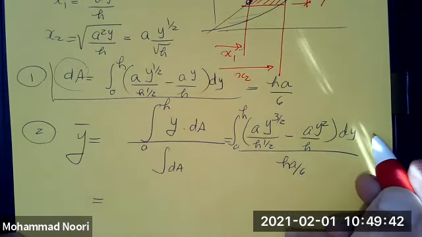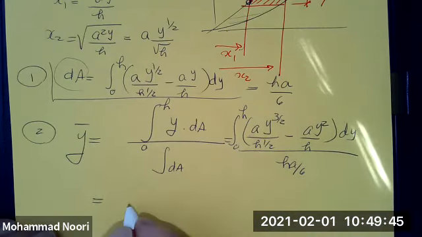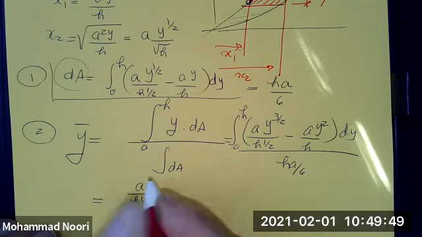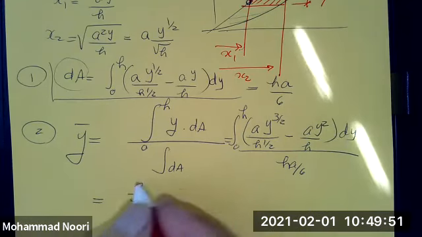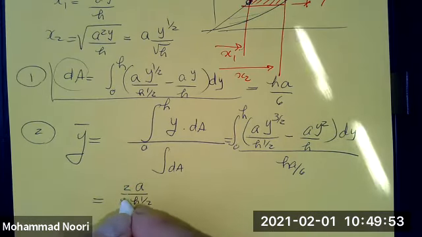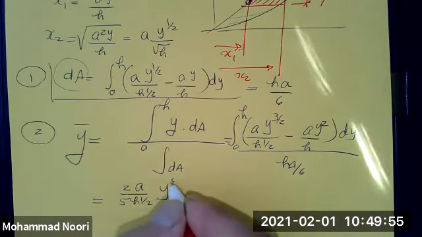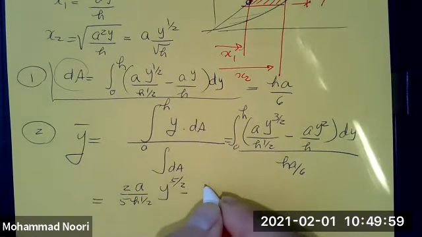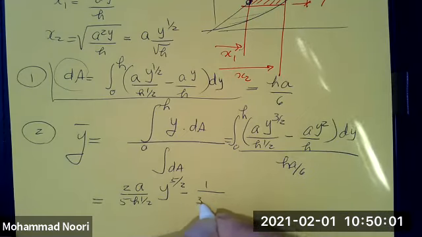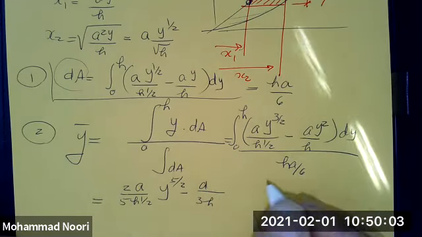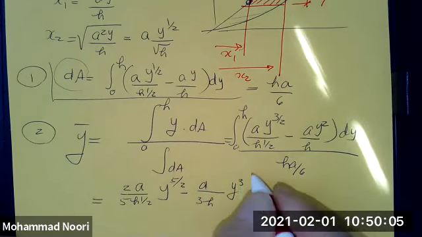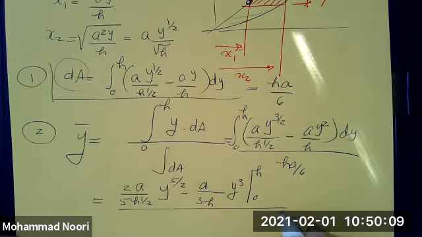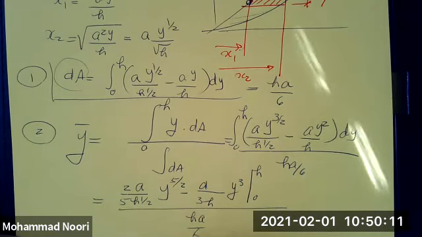So let's evaluate that integral. That would give me a over h to the 1/2 times 2/5 y to the 5/2, minus a over 3h times y cubed, from 0 to h, divided by h a over 6.